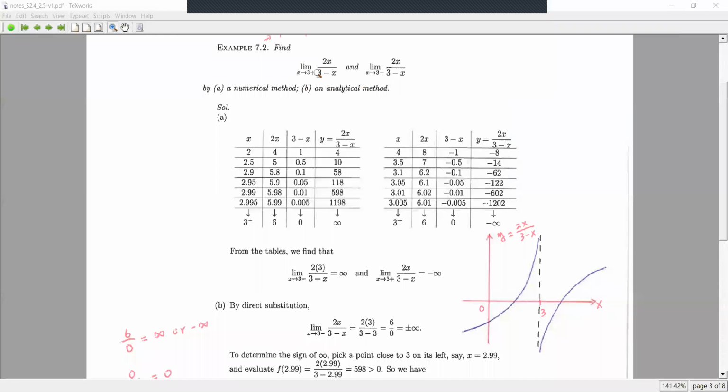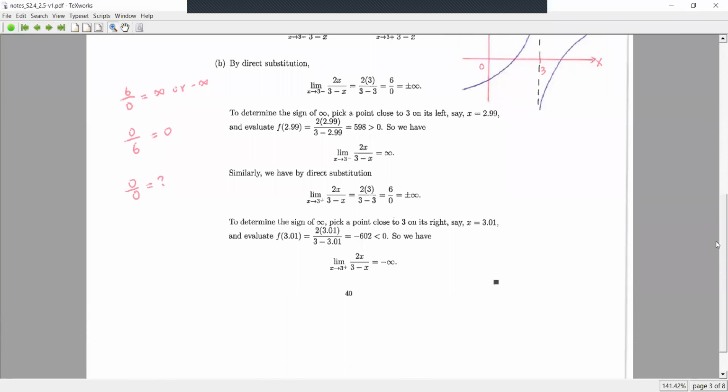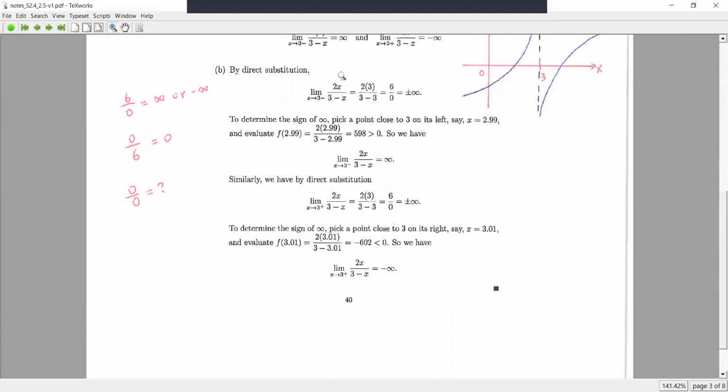Part B. Find the limits by an analytical method, that is, by limit laws. Again, I only focus on limit law number 8, direct substitution. Consider the left-hand side limit first.